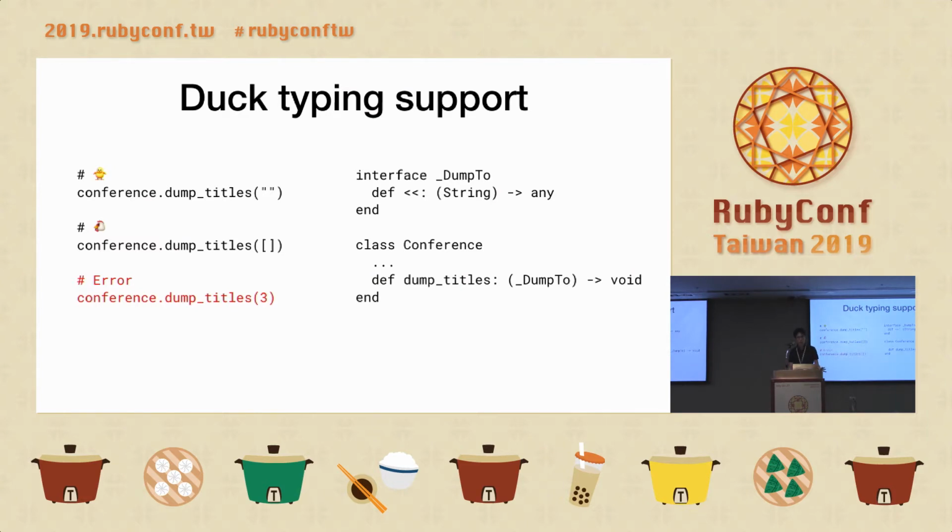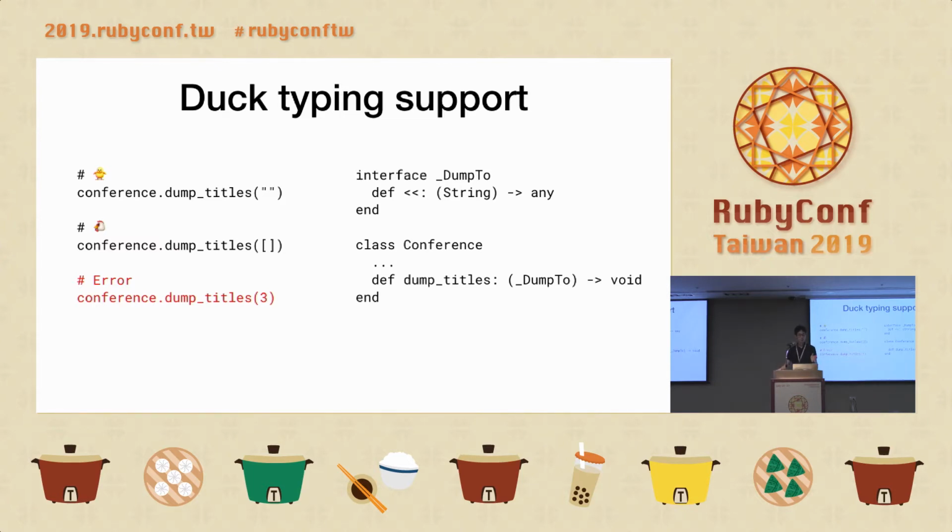So when we pass a string to the dump_titles method, as you know, the string has the left arrow operator. It is used to append the given string to the end of the string. So it's okay. How about passing an array? It's okay. So we have the push operation.